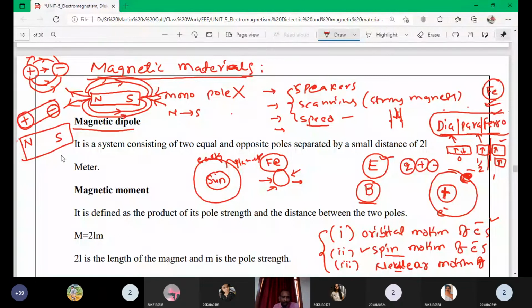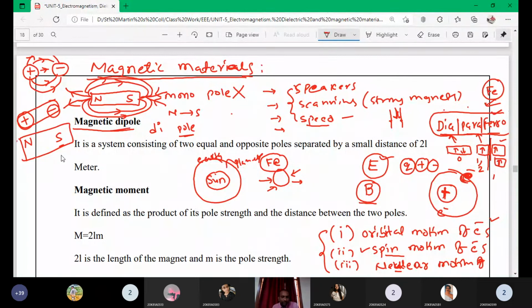Di means two. These are two equal and opposite poles. This is a magnetic dipole.